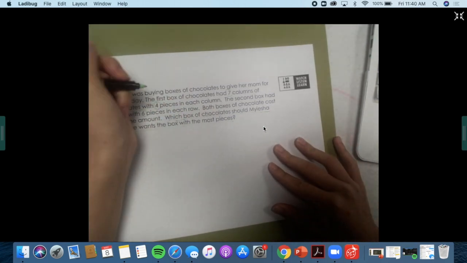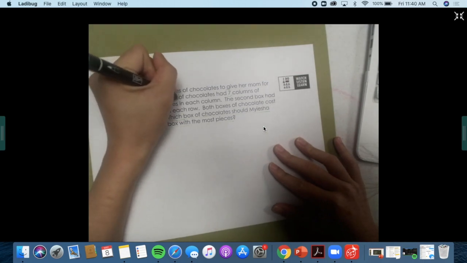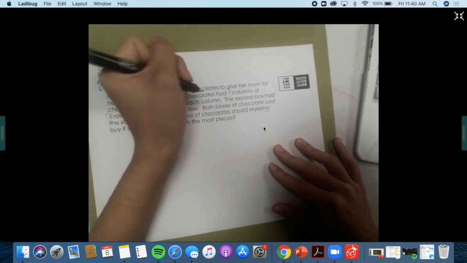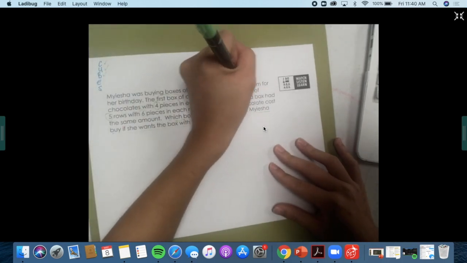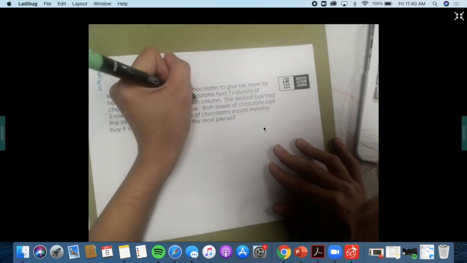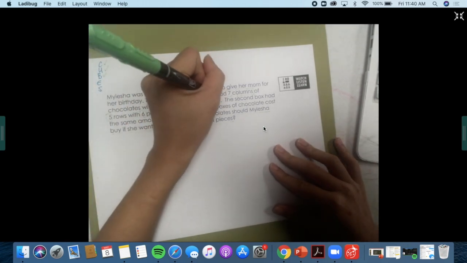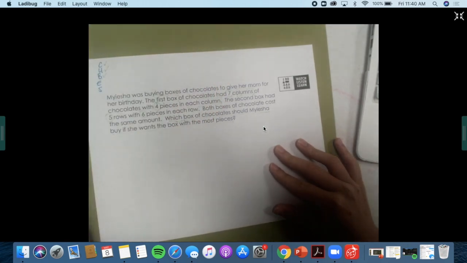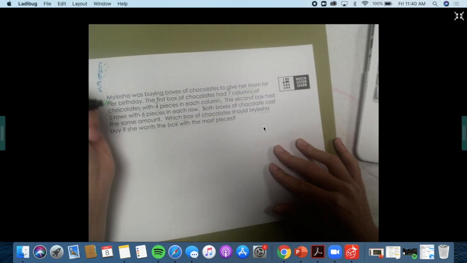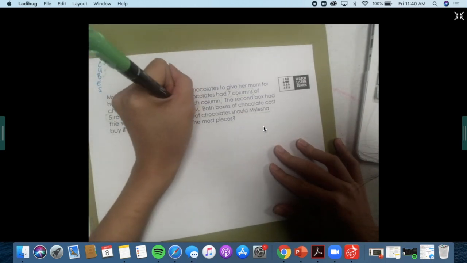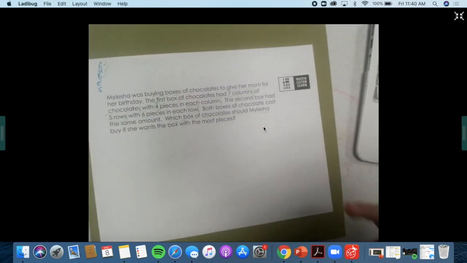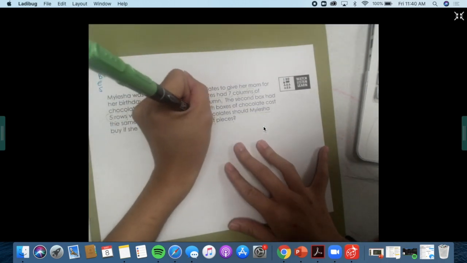Well, I see first, so there's 2 boxes. I see columns. And I see rows. And I see most, so we want to find the one that has the most.